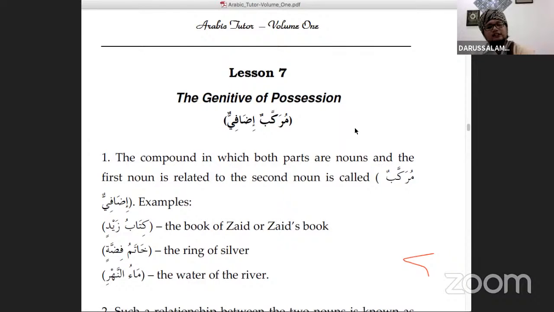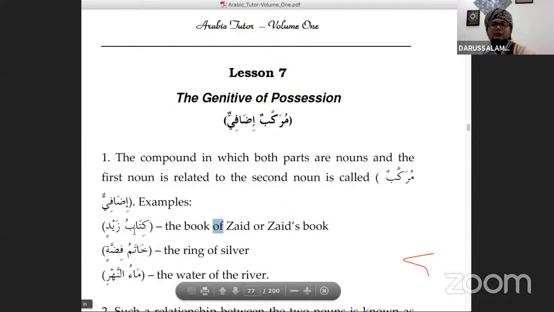So in English, you must have of in the middle. Okay? In Malay, you can say without the milik. You can say kitab Zaid or you can say kitab milik Zaid. Nak sebut kitab milik Zaid boleh, atau nak sebut kitab Zaid je pun dah betul dah. Tapi kalau bahasa Inggeris, in English you must have of in the middle, okay?